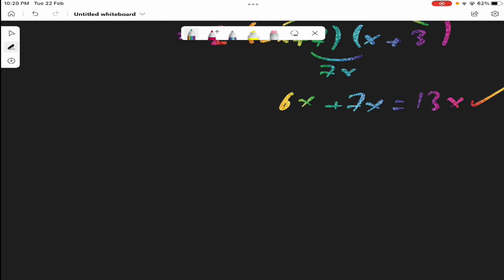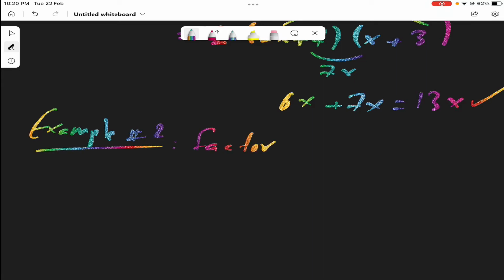Let's take another example. Factor 2x² minus 5x plus 7. There is no GCF, so we open two brackets.